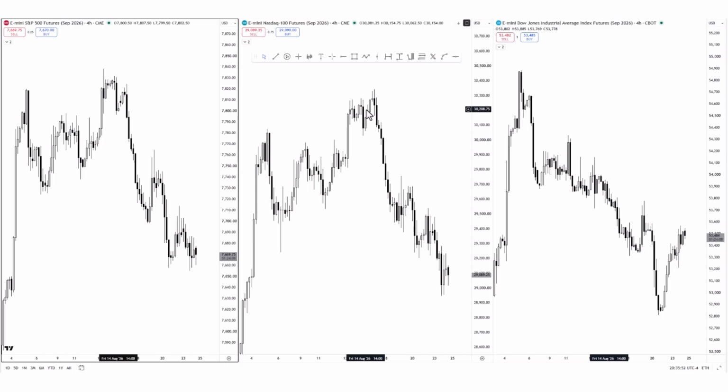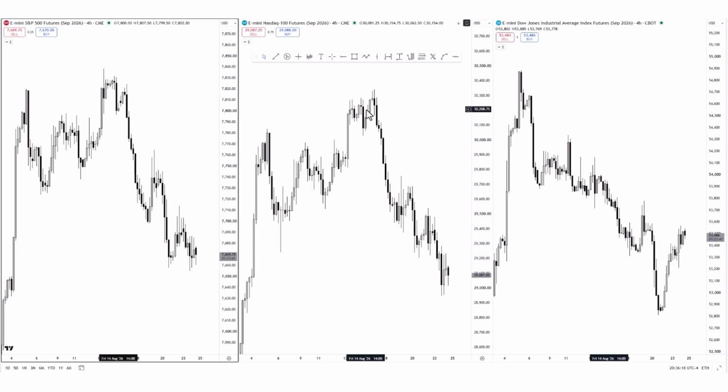It will allow you to see moves before the fact, basically. It will allow you to know which liquidity pools to target, which ones to use for your anticipations for reversals, and so on.